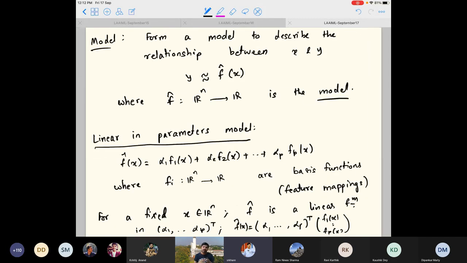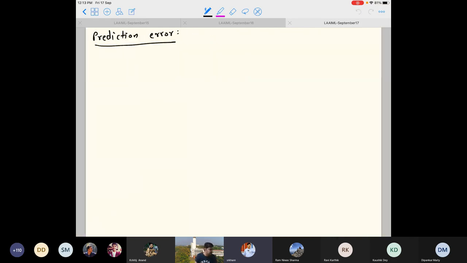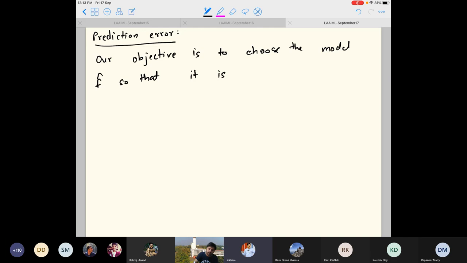And how well this f hat matches with f on the given data set, we will quantify by prediction error. So what do we want to do? Our objective is to choose the model f hat so that it is consistent with the data.